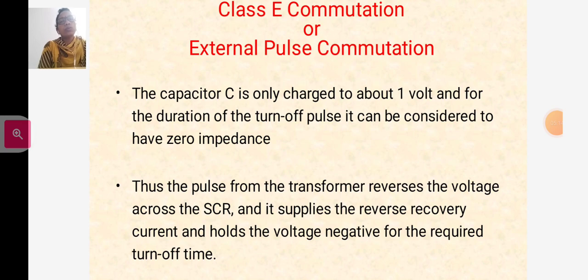And also the capacitor: in this diagram, the capacitor C is only charged to about 1 volt, and for the duration of the turn-off pulse, it can be considered to have zero impedance. Thus, the pulse from the transformer reverses the voltage across the SCR, and it supplies the reverse recovery current and holds the voltage negative for the required turn off time.